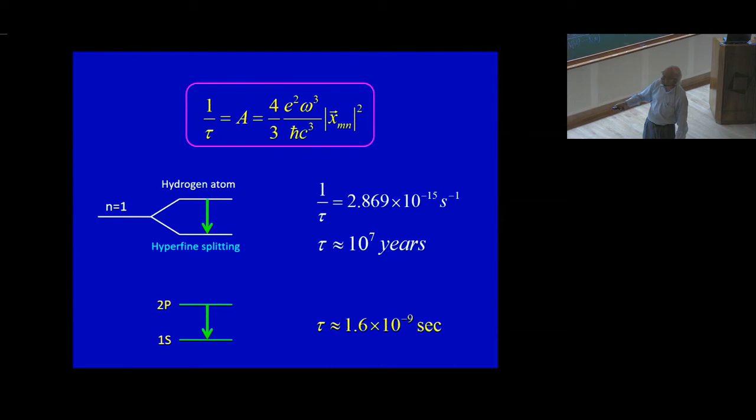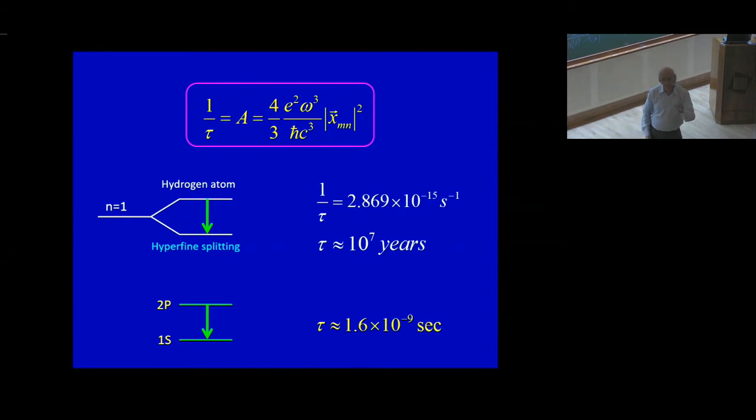So the lifetime of this level is about 1 nanosecond. So in other words, an electron left to itself will jump from n equal to 2 to n equal to 1 in a nanosecond. It's a similar transition time for various Rydberg levels.